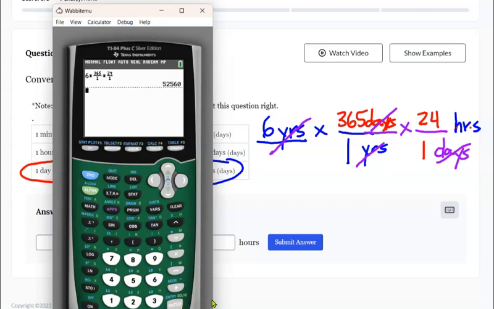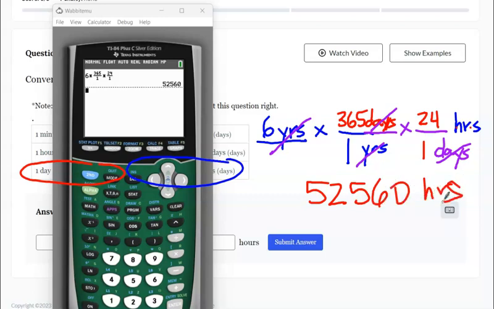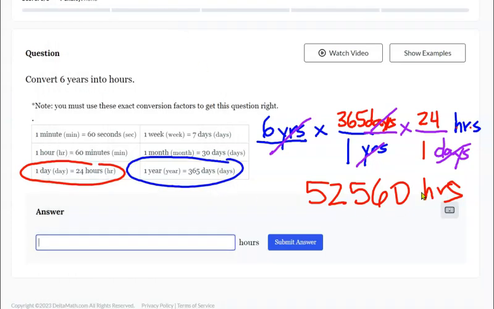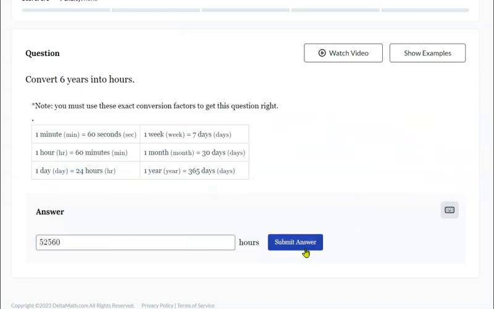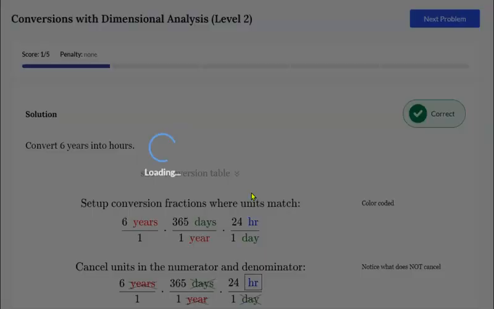And now we have our answer. 52,560 hours in 6 years. So we're going to type that down here, 52,560, erase all this, and click submit.